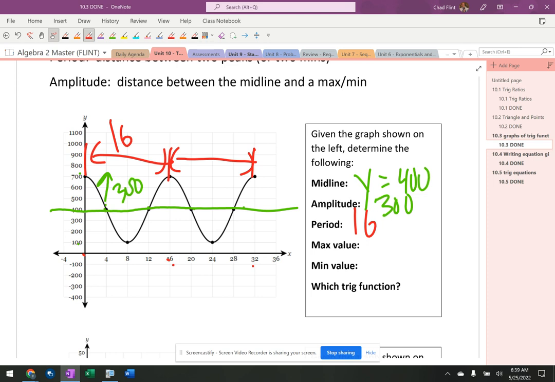The max value, what does it get to at the top? It gets to 700. The minimum value, what's the lowest it gets to? 100. Which trig function is it? It's a cosine. How do I know? Because it makes that U shape from the y-axis, so it's a cosine curve.